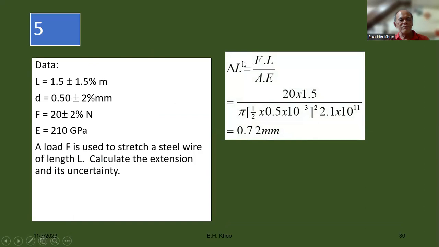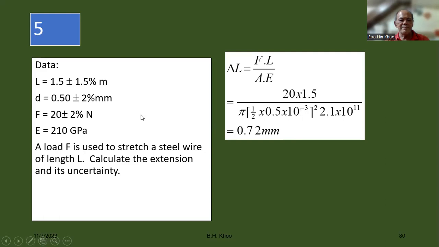Okay, so we go to the formula. Here's the extension: FL over AE. Put in our F is 20, L is 1.5, and A is pi r squared, right?